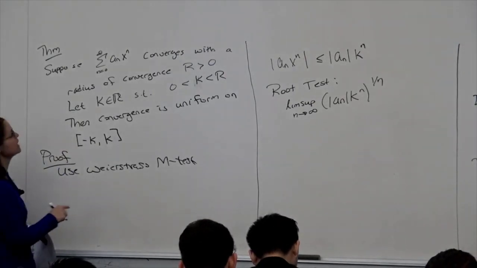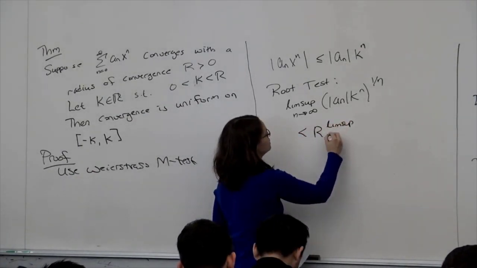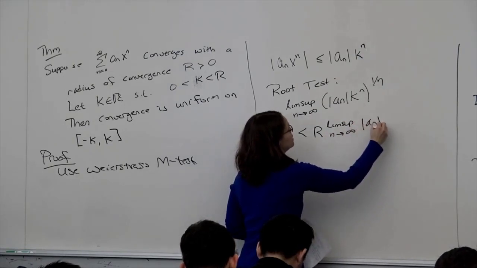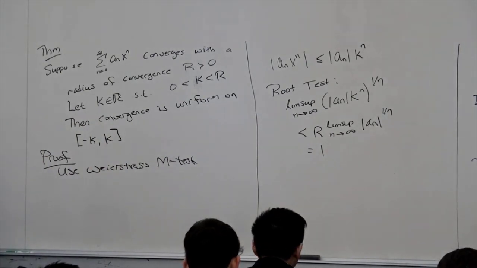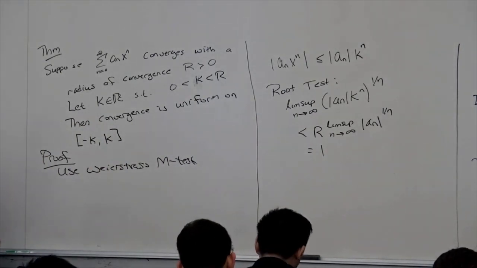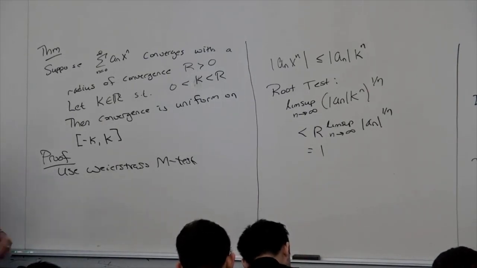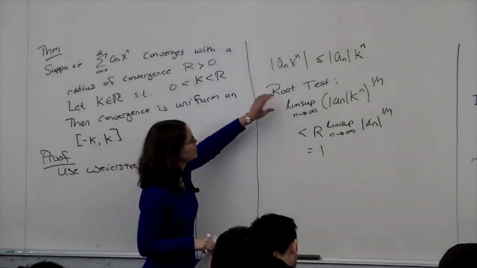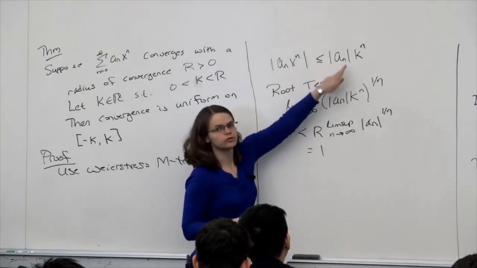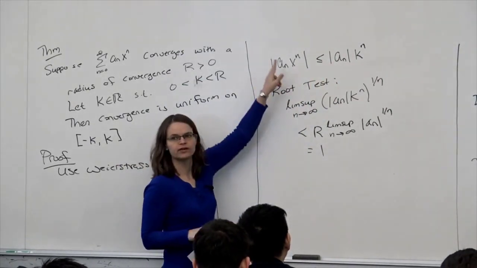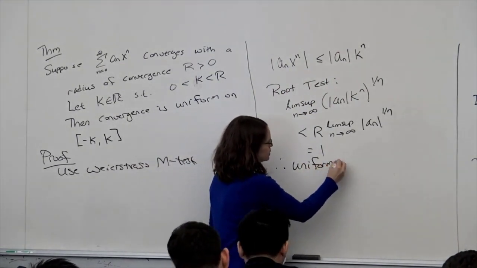We think of k as actually less than R. So this is going to be less than R times the lim sup of a_n to the 1 over n, and we chose R to make this 1. So the root test says the nth root of this is strictly less than 1, which we've got. So this series passes the root test. That means it passes the test for uniform convergence. So right away we can say, great, we have uniform convergence.